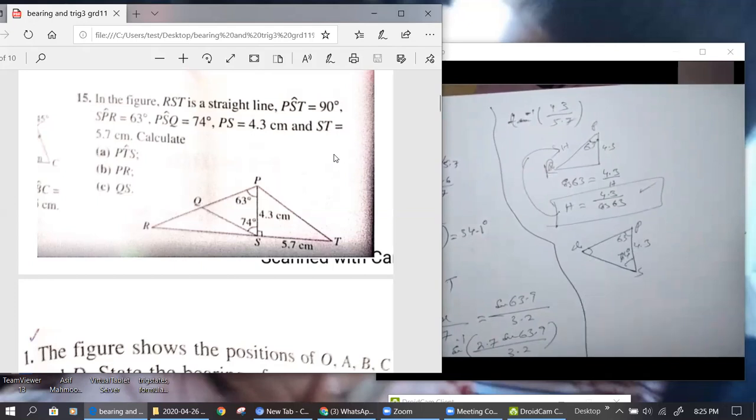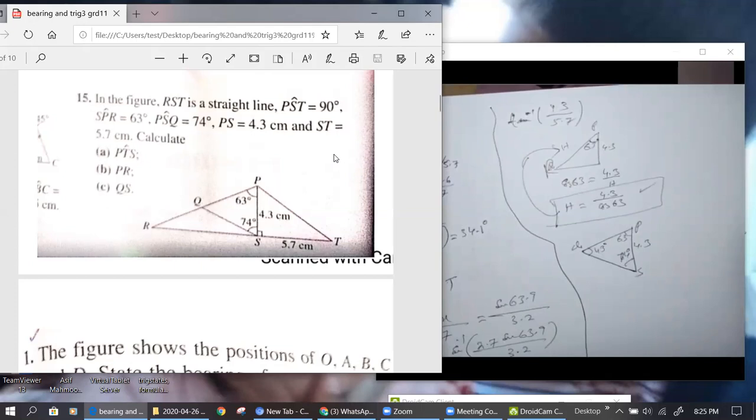Which angle? That one, the missing one. So 43. This angle is 43, so this is 43. So Q and Q, can you find QS now?